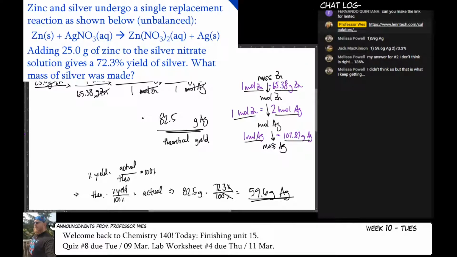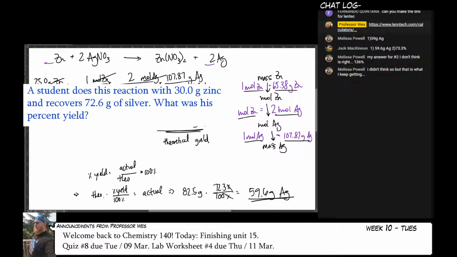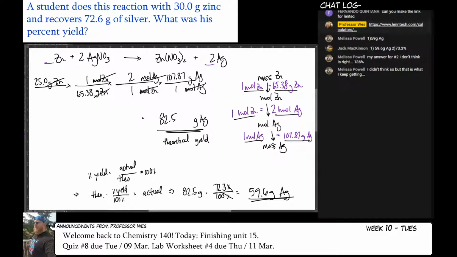All right, that's the first one. Now for the second problem, we're doing the reaction with 30 grams of zinc and we get a different theoretical yield. So all I have to do is go up here, get rid of 25, and replace it with 30, right? It's the same problem, so this is going to change my answer.